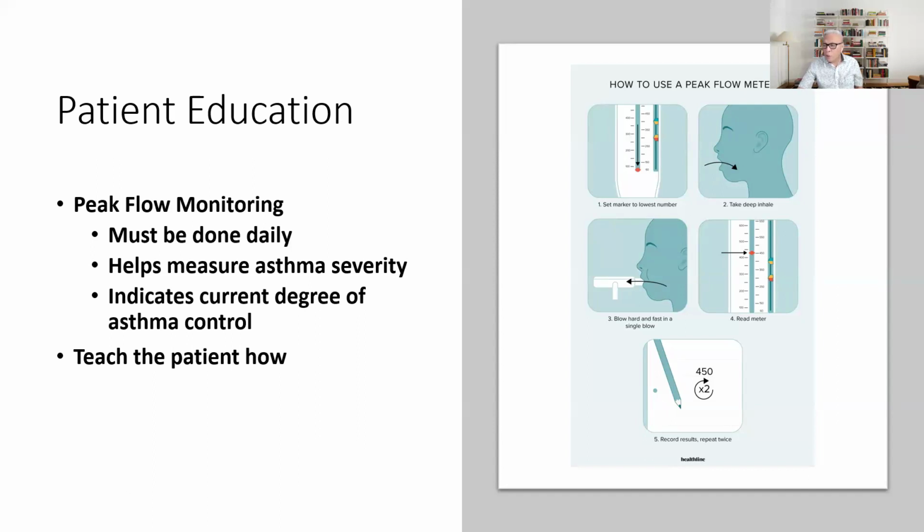So how are you going to teach a patient the steps for peak flow monitoring? Well, the first thing is, if you notice that there is an indicator at the lowest number right over here, we're going to place the indicator at the lowest number of the scale, and then ask the patient to stand or sit upright, and then ask the patient to take in a deep breath.